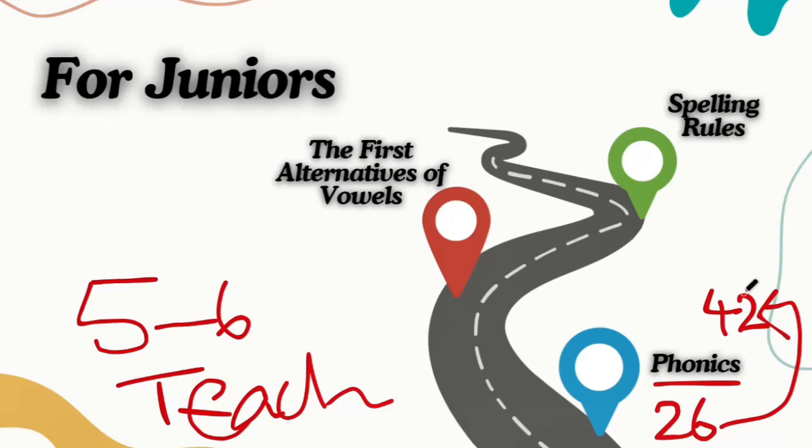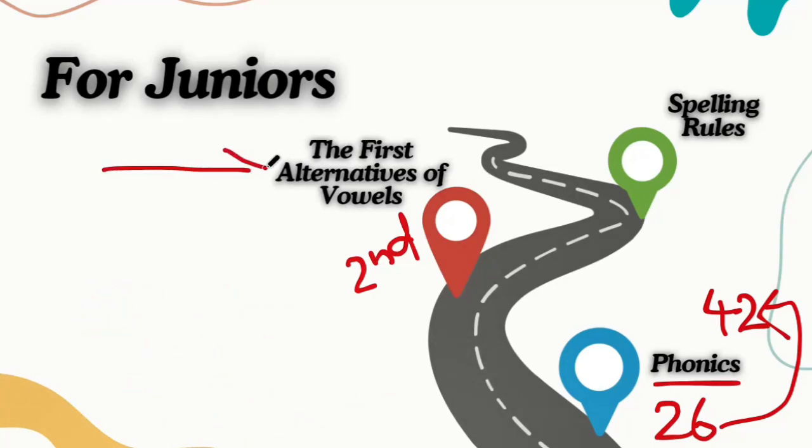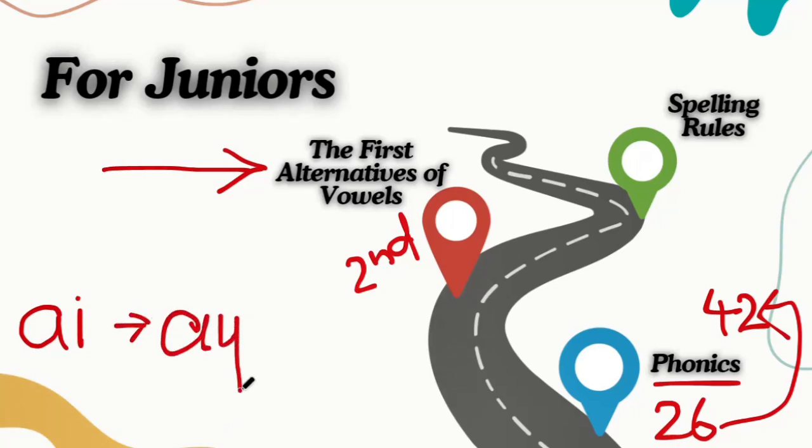Okay? So after teaching the 42 sounds of the English alphabet, the second step towards spelling rules will be the first alternatives of those spellings. This set mostly has the alternatives of vowels. So, for example, if you have taught AI for the long A sound in the 42 sounds, the alternative spelling that you will teach here in the second step will be AY, which we use at the end of English words.